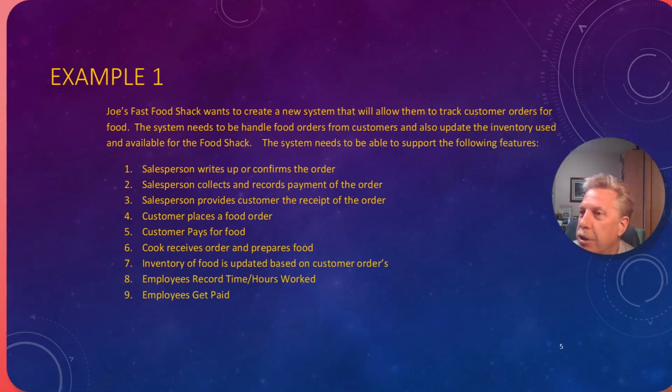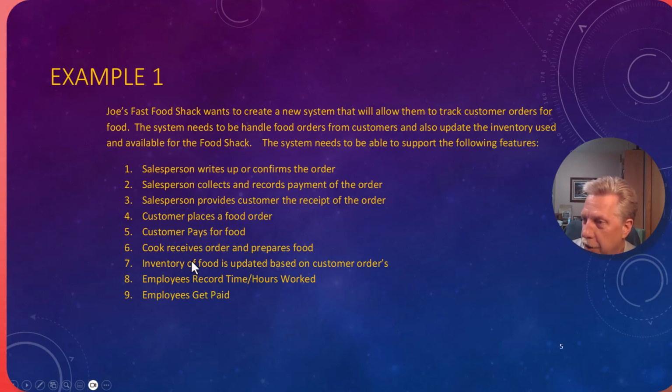The first one is a fast food shack, and they want to create a new system. And these are the activities that they'll need to manage and perform in their system. The first one, writing up and confirming orders, collecting and recording payments of orders, providing customers a receipt of the order, customer places a food order, customer pays for food, cook receives order and prepares food.